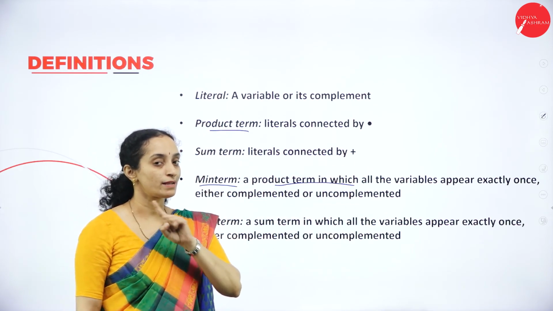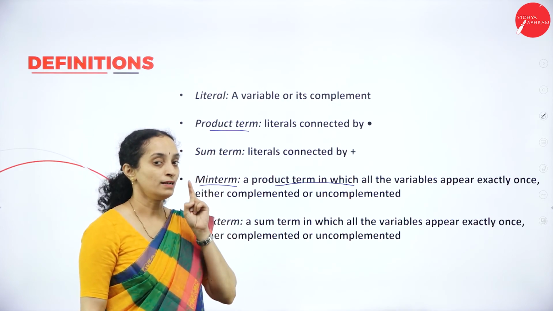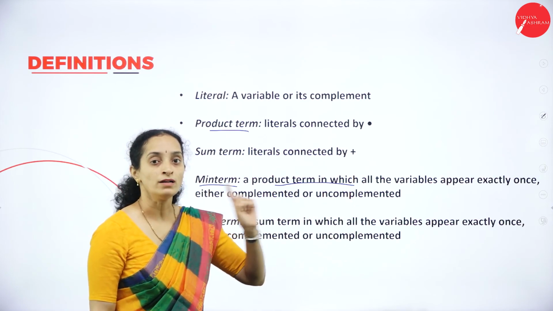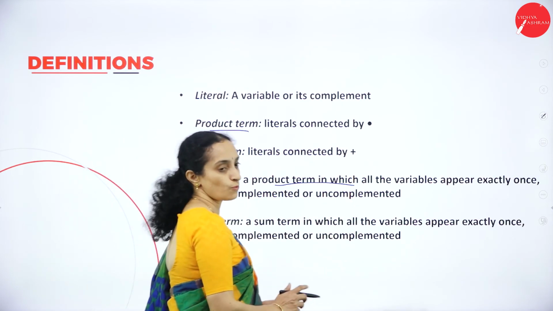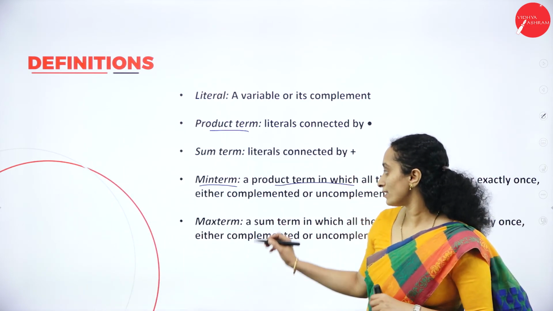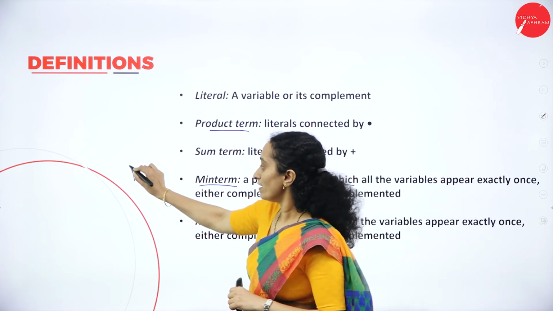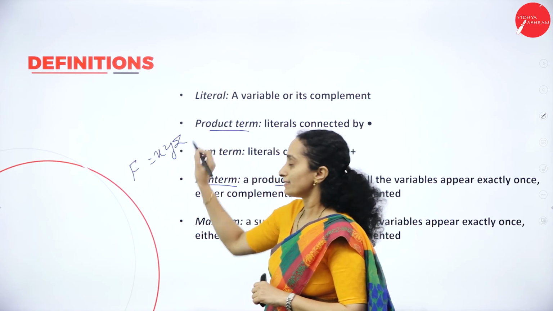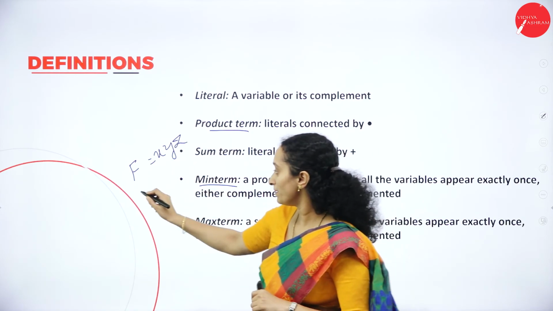So all the variables must appear in a min term, either complemented or uncomplemented. One example you can take is f equals xyz, which can be termed a min term.